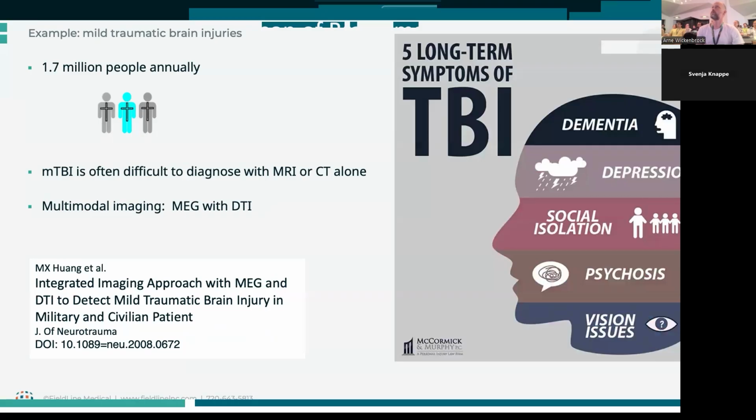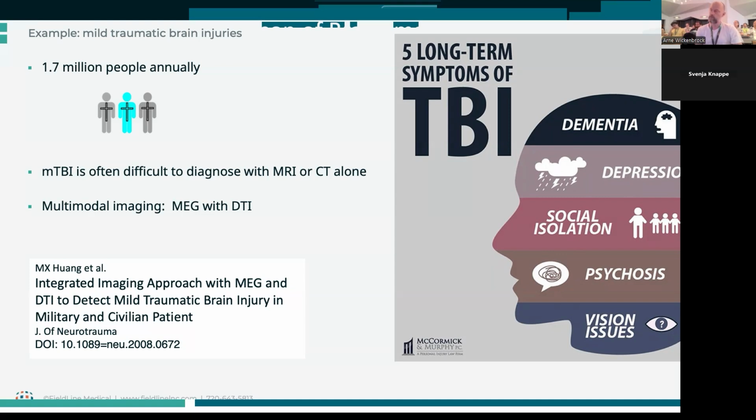Another one that I think is really interesting is mild traumatic brain injury. It's essentially concussions, and they're really difficult to diagnose. With a bad concussion you see changes on the CT or the MRI, but with a less severe concussion you don't see any structural changes.